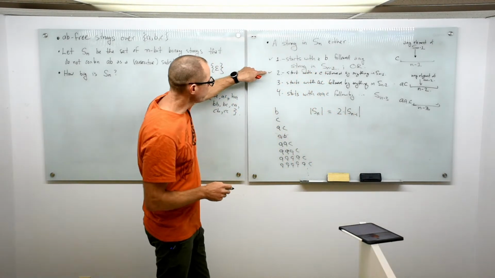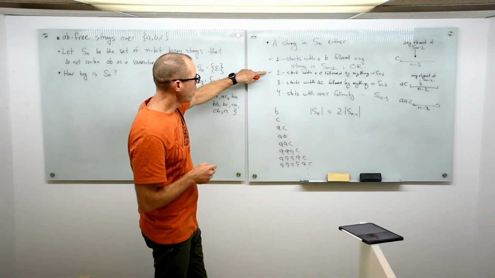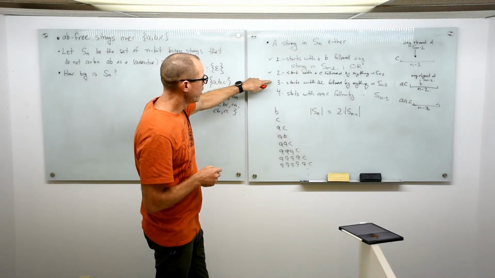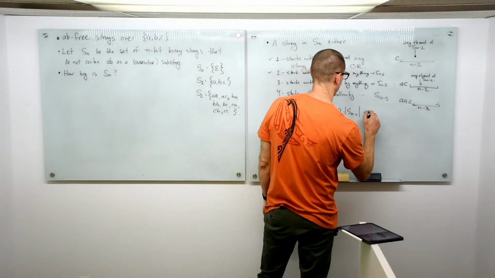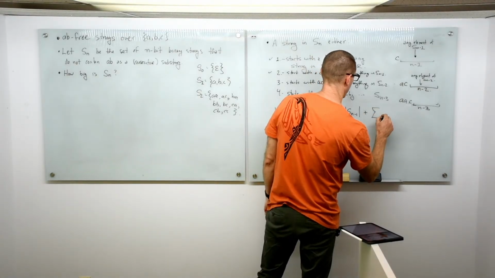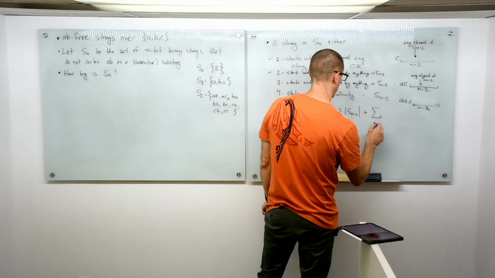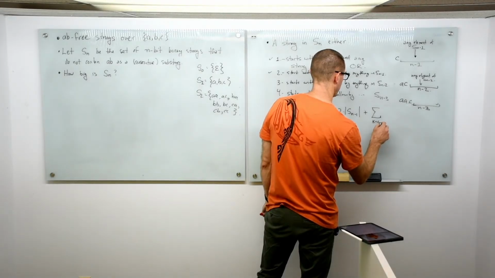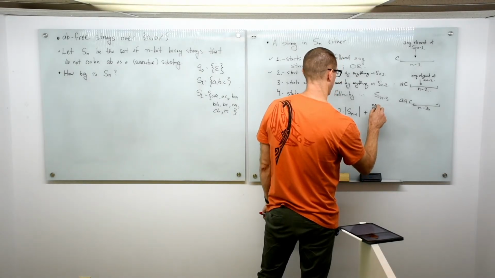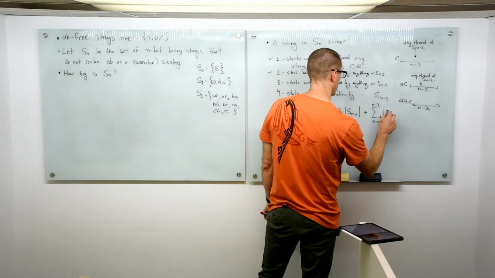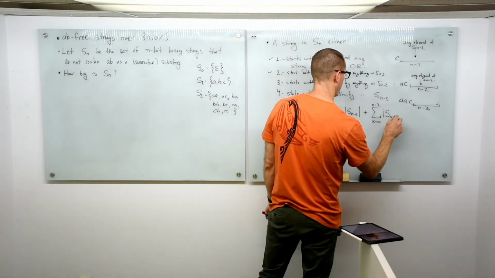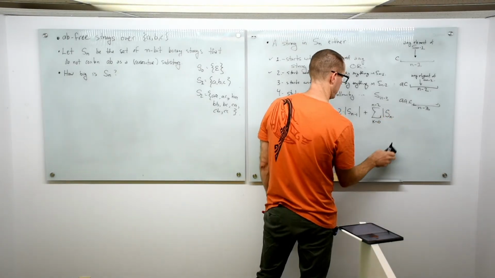That's from these first 2 steps that checked out, plus the sum, and I think you run from k equals 0 to n minus 2 of the size of Sn minus k.